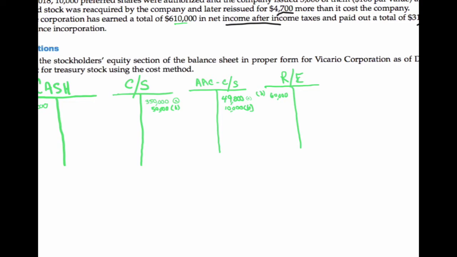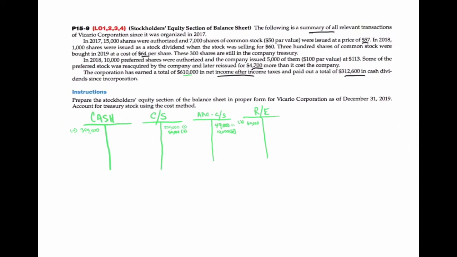Okay. Now let's go back up here. Then it says 300 shares of common stock were bought in 2019 at a cost of $64 per share.